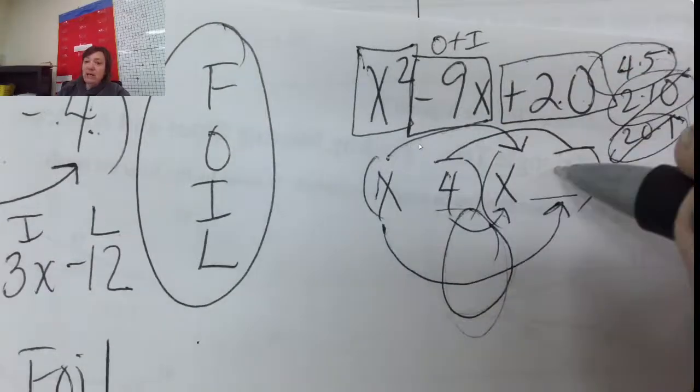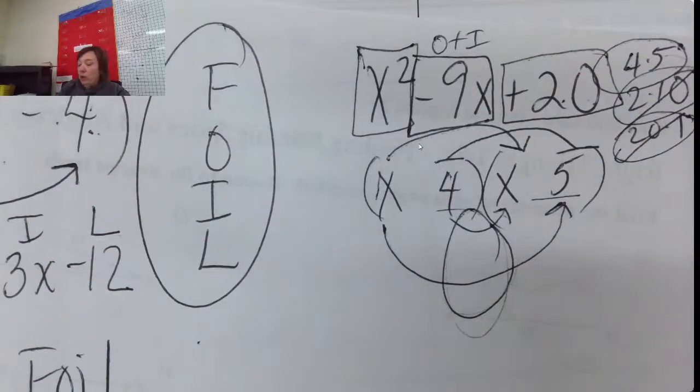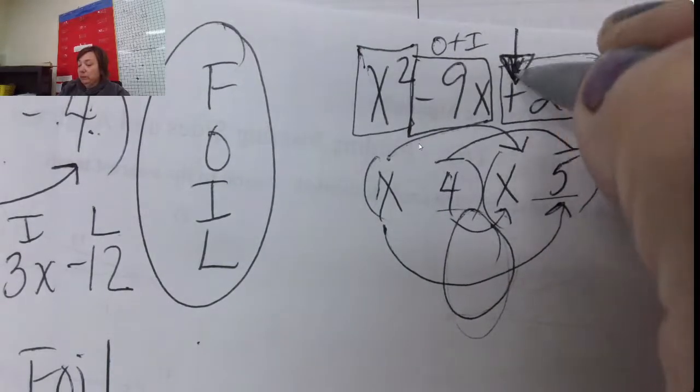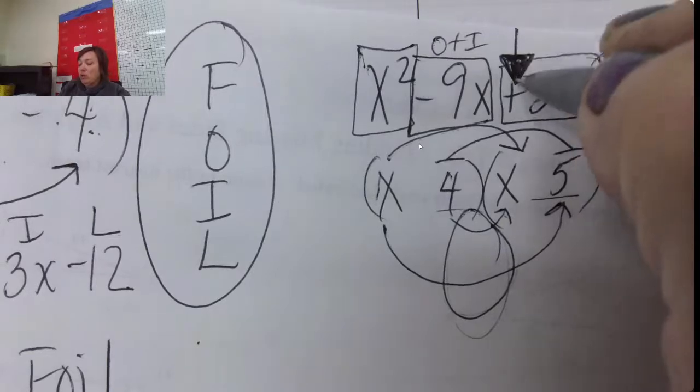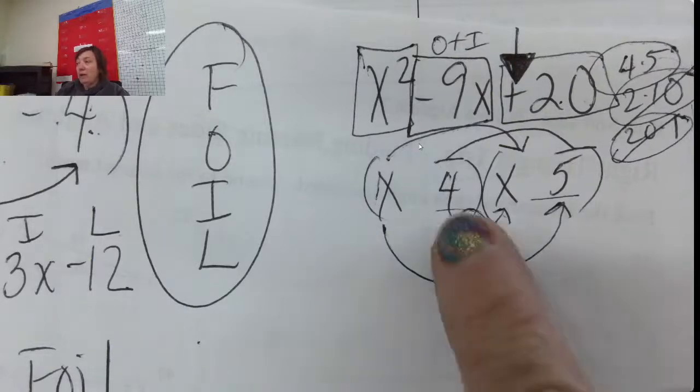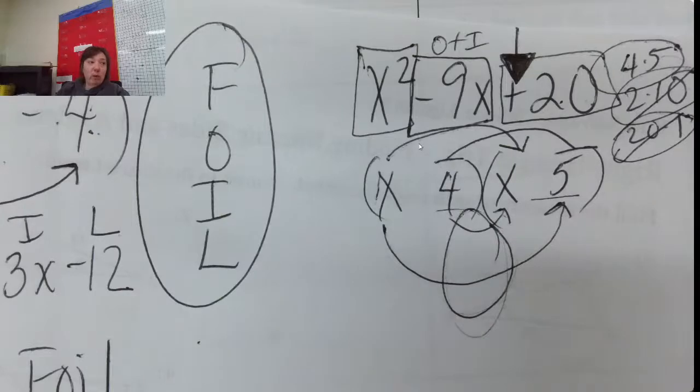Now let's talk about our signs. When we multiply 4 and 5, we get a positive number. What kind of numbers can you multiply to get a positive? 2 negatives or 2 positives. That means 4 and 5 could both be negative, or 4 and 5 could both be positive. Right?